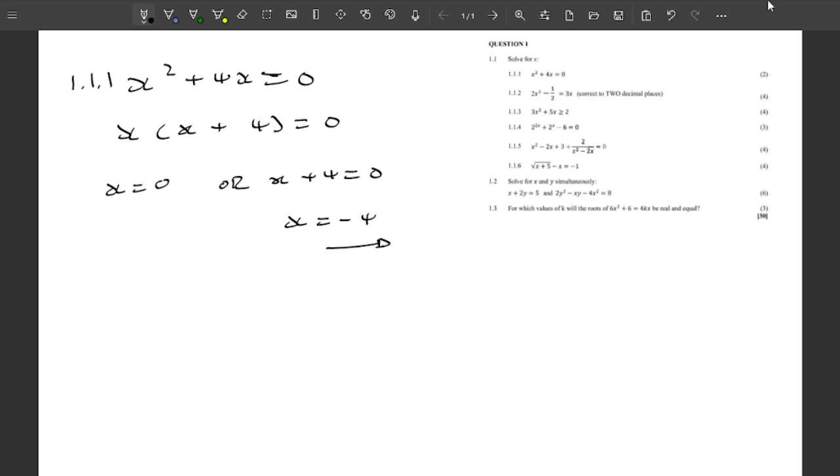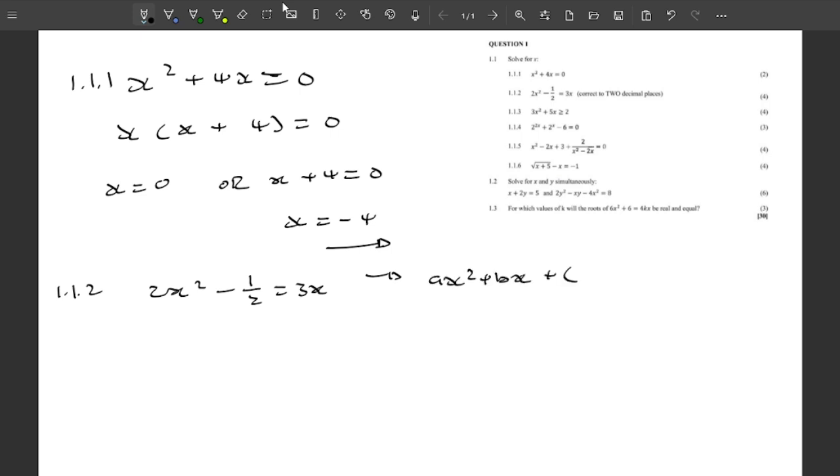Now, for 1.1.2, I think I can fit it here. It's 2x squared minus 1 over 2 is equal to 3x. Immediately when they write correct to two decimal places, we know that we're going to use the quadratic equation. So you have to put it in the standard form of ax squared plus bx plus c.